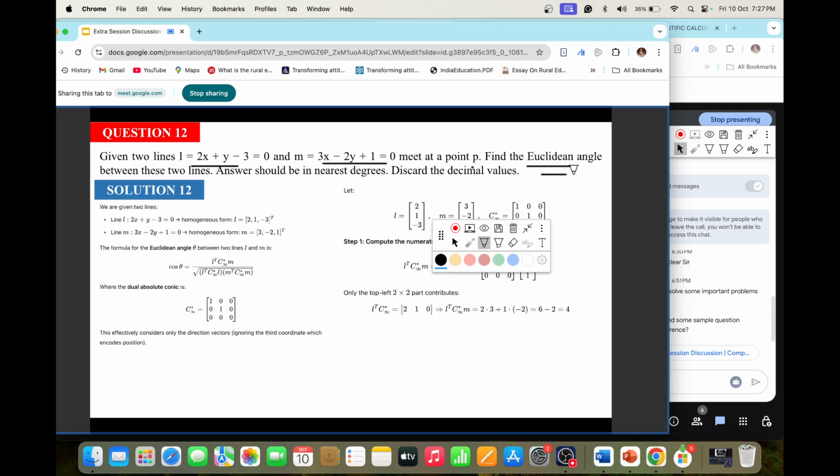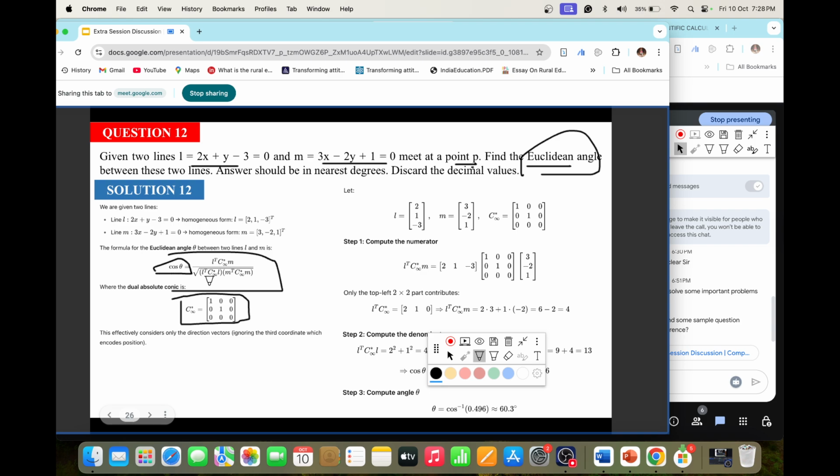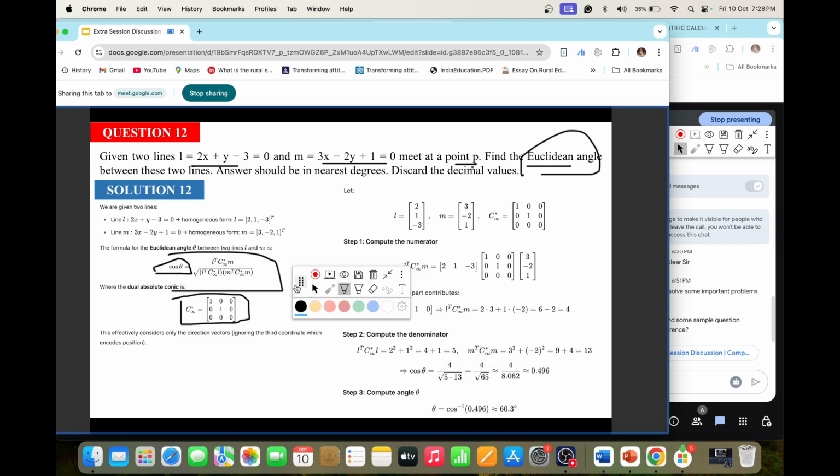Okay, so here the angle has been asked, not the point. To get the angle, this is the formula. For this you just have to remember the dual absolute conic matrix equation. If you know this, and you have the line formulas, you can easily calculate this angle. First you calculate cos theta and after that you do cos inverse theta to get the angle between these two lines.